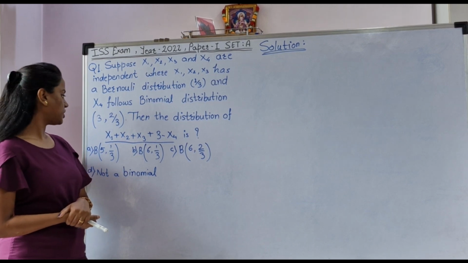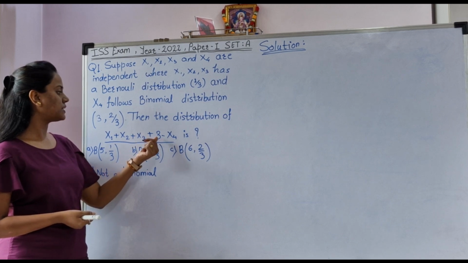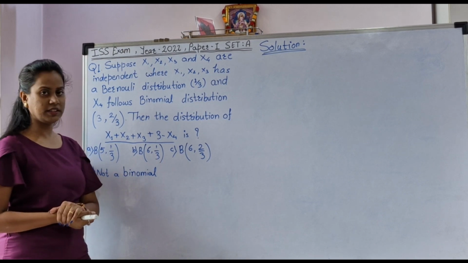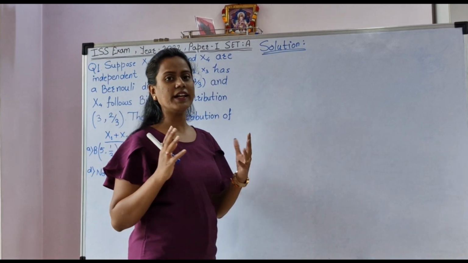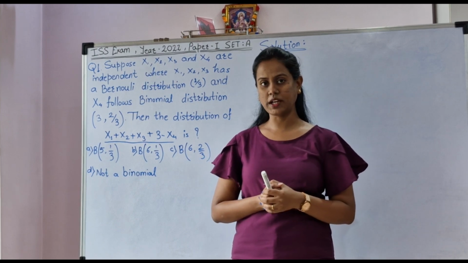Then the distribution of X1 plus X2 plus X3 plus 3 minus X4 is. Four options are given. The example is very easy, but let's see how to do that.